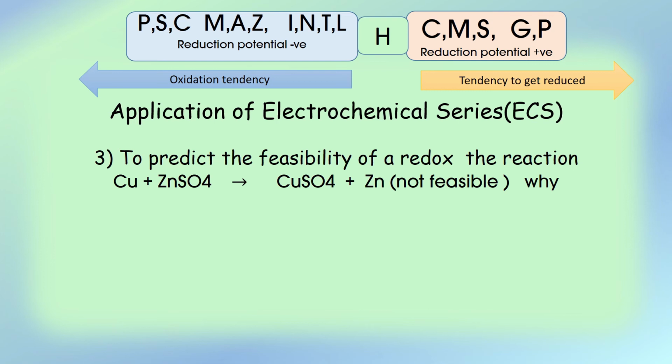If you take copper and treat it with zinc sulfate solution, no product is formed. That is because the reaction is not feasible. Whereas, if zinc is treated with copper sulfate solution, zinc sulfate and copper are formed. That is, the reaction is feasible.